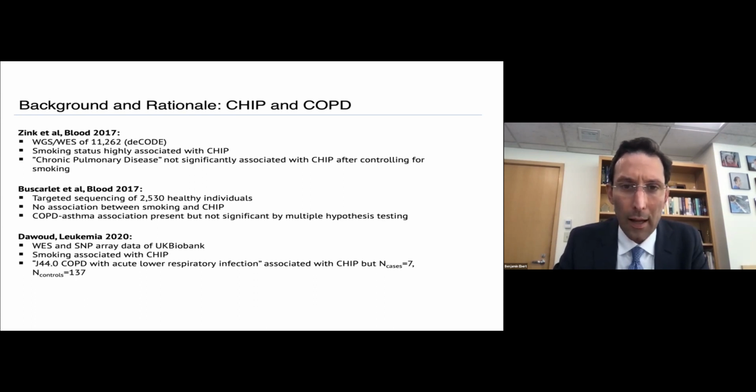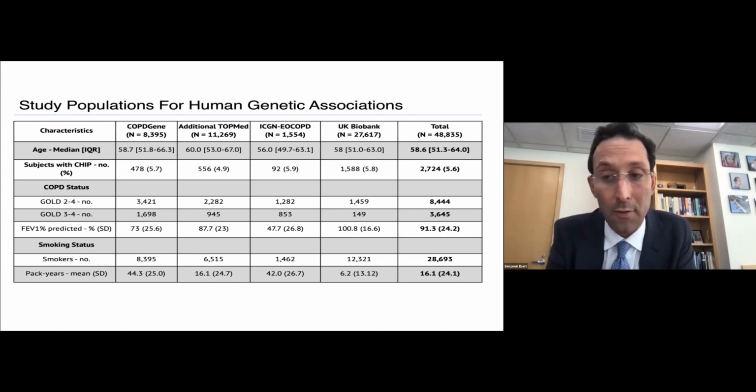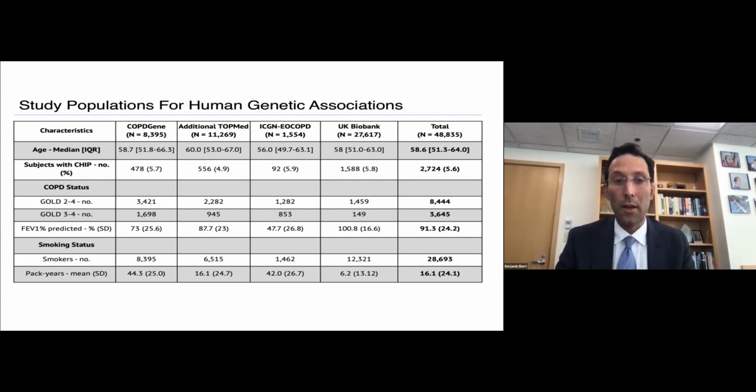So to really extend these findings, we've looked at a very large set of cohorts encompassing about 50,000 individuals, including a cohort called COPD Gene, which was assembled specifically for the study of COPD and had highly quantitative phenotyping of these cases for their pulmonary function, as well as exome sequencing data or genome sequencing data that we could examine for the presence of mutations.